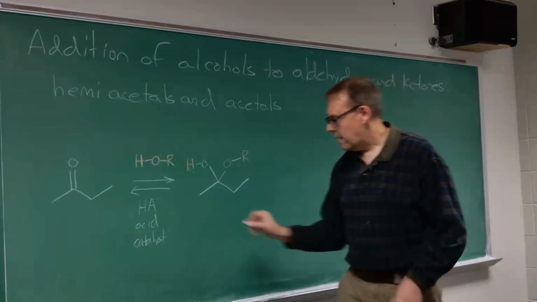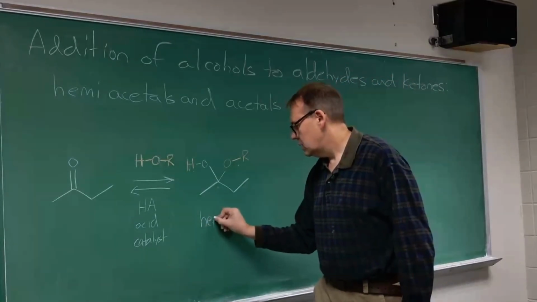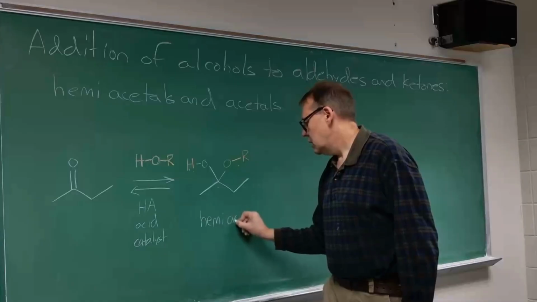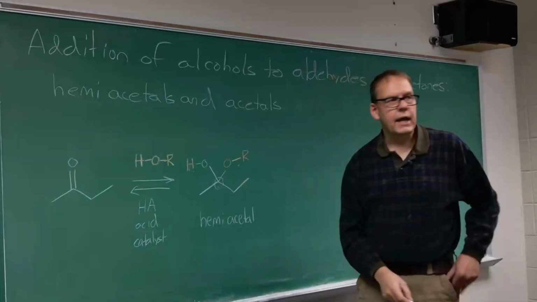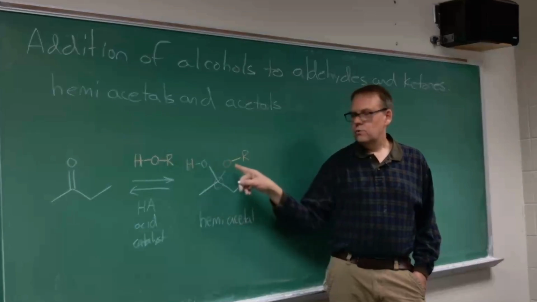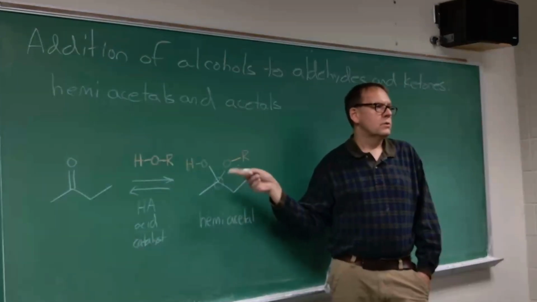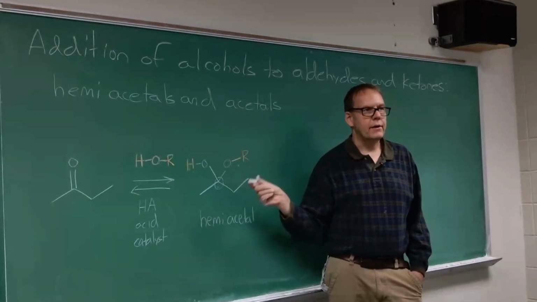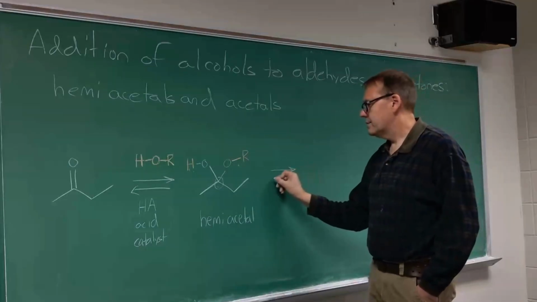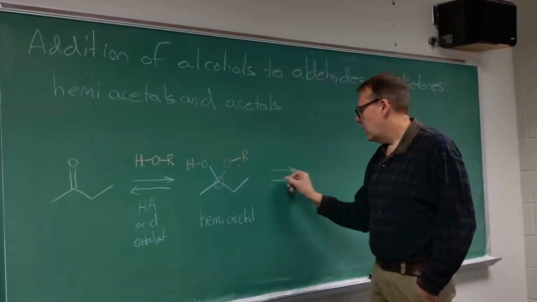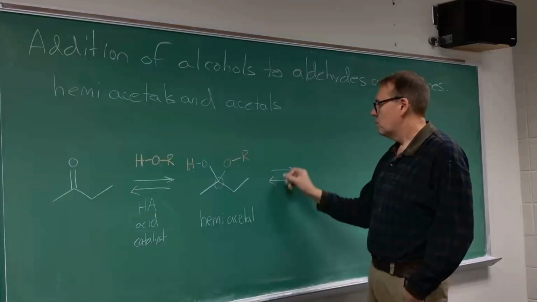And so this is called a hemiacetal. You'll learn to recognize these because it's any molecule that has a carbon that has an OH group and an OR group attached to it. So when you see that pattern, think hemiacetal. And the thing about these hemiacetals is that they are in equilibrium.